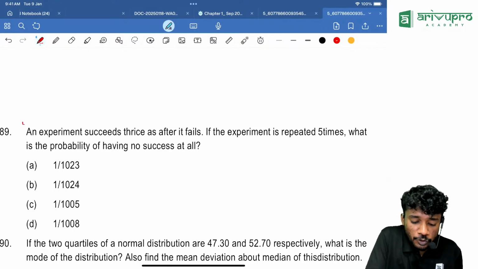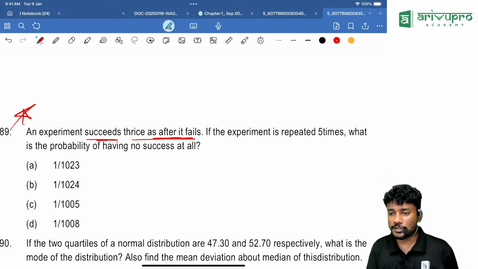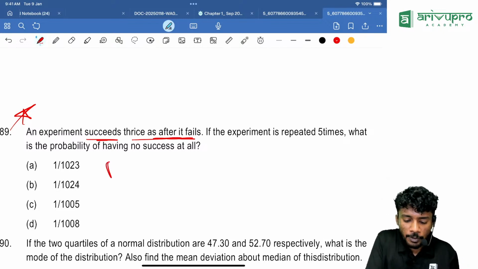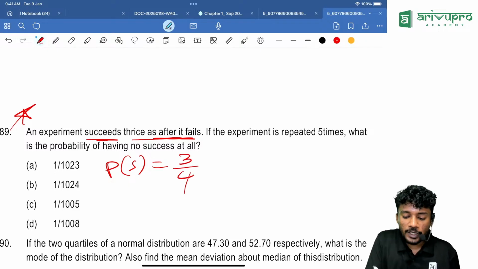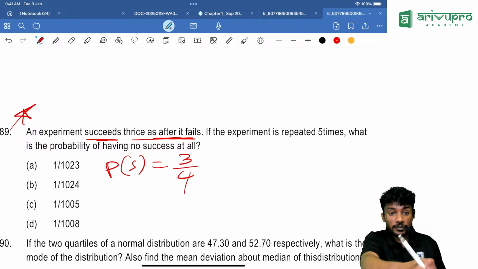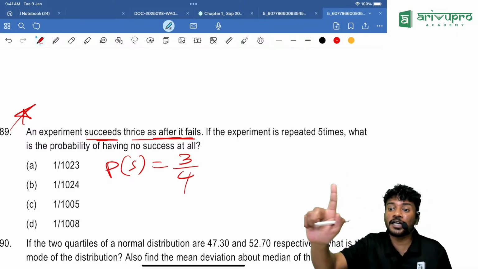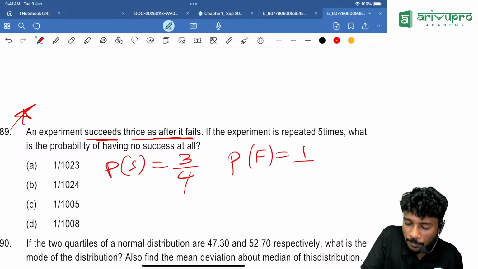An experiment. Good question. An experiment succeeds thrice as often as it fails. That means probability of success is what? 3 by 4. If you are doing the experiment 4 times, 3 times it will succeed and 1 time it will fail. Then probability of failure is what? 1 by 4.